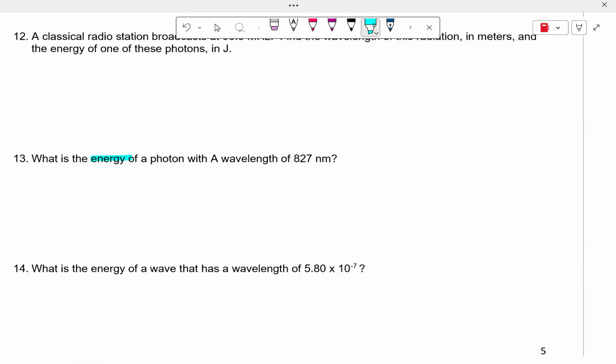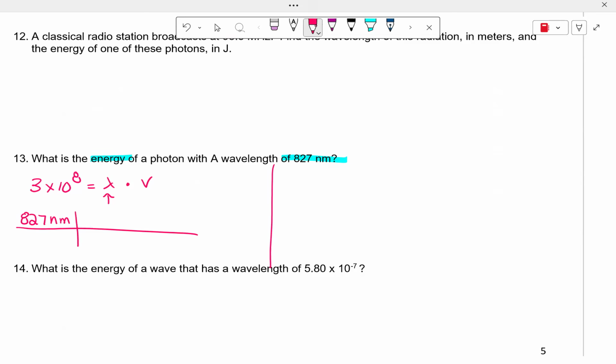What is the energy of a photon with a wavelength of 827 nanometers? So energy, as you recall, does not exist in the equation with wavelength. So the first thing I'm going to want to do, kind of divide my work in half here, is solve for the frequency. I know that this is going to be 827 nanometers, but again, I need to convert my nanometers.